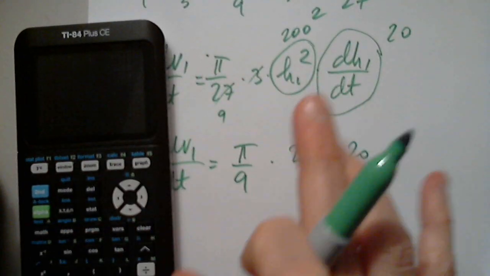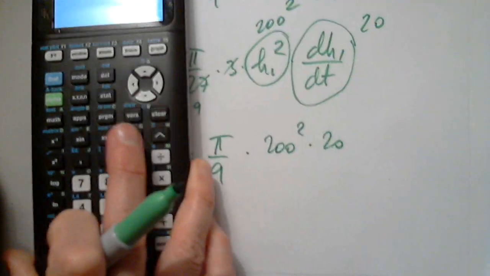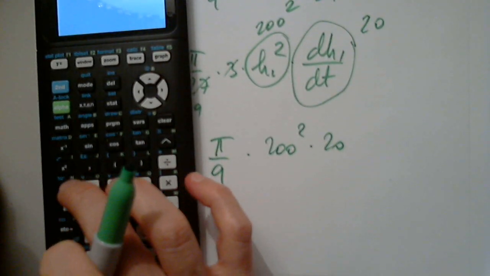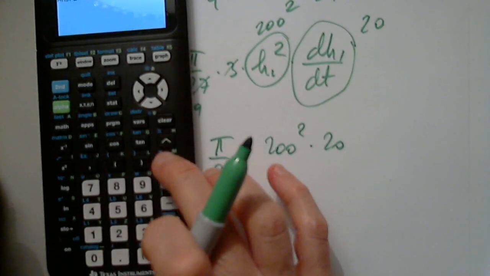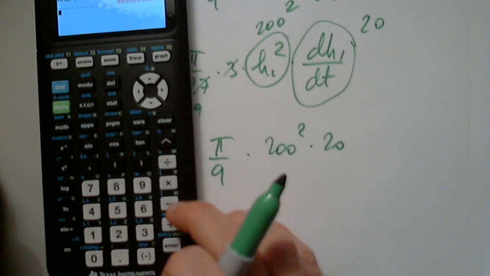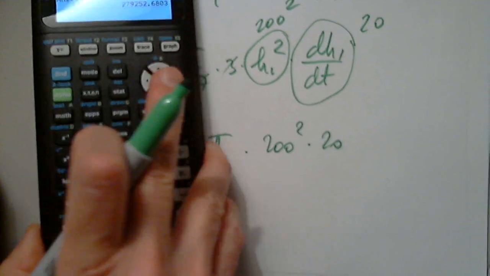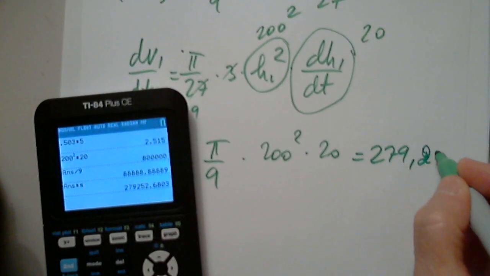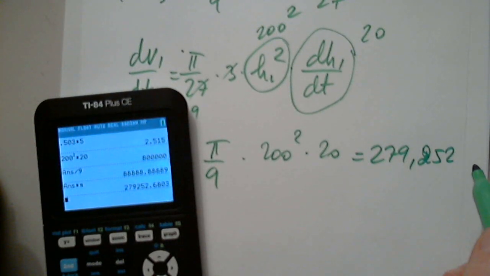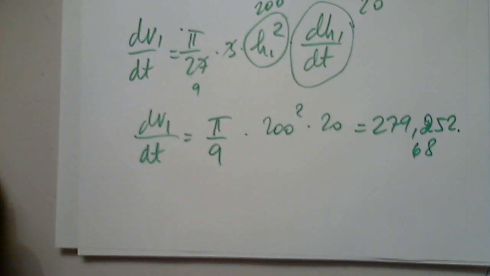I don't have to show this with the computer, so 200 squared times 20, divided by 9, and times pi, and that gives about .68.